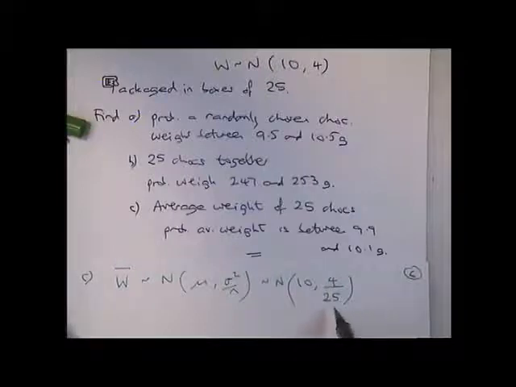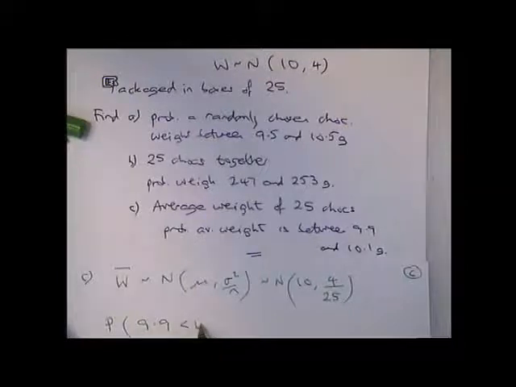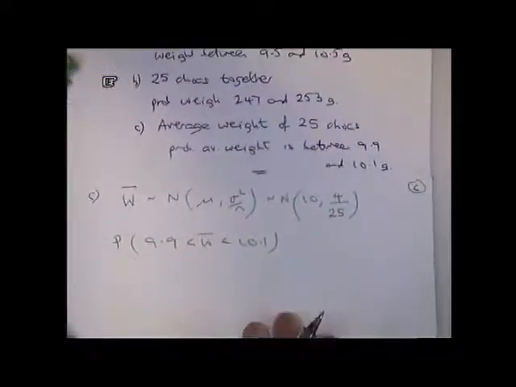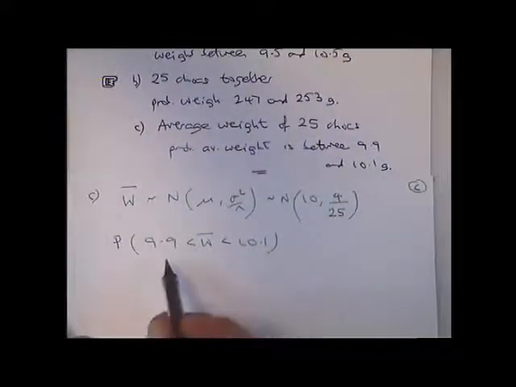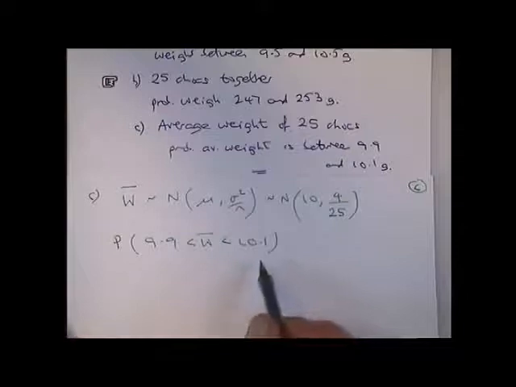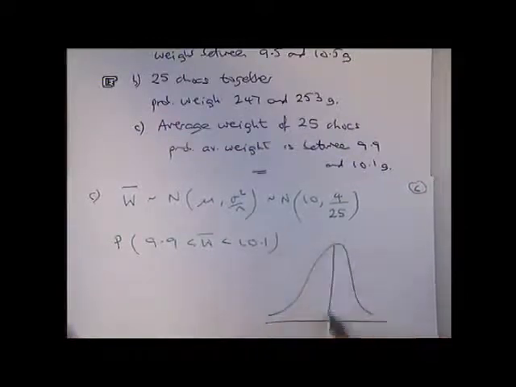If you want to write that as a decimal, you can, or you can leave it like that in your calculators. What we are looking for here is the probability that that is between 9.9 and 10.1. Again, can you make sure that when you're writing these down in questions, you're using this notation. Again, we can do a diagram.